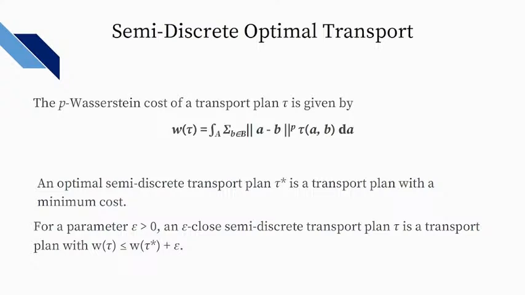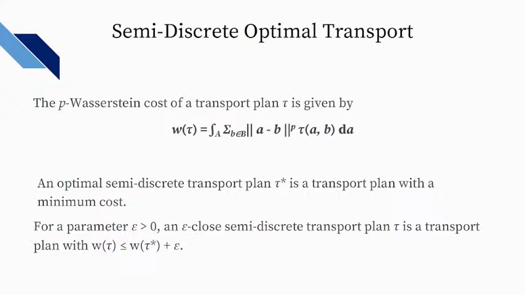And the cost of the transport plan is simply given as follows. Between A and B, suppose the transportation is tau AB, then the cost associated with that, there's always a parameter P associated with this. For this talk, assume P is 2.